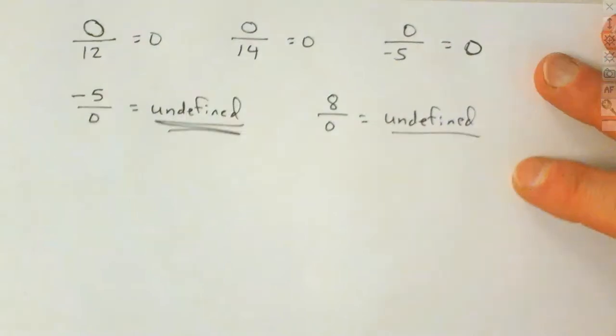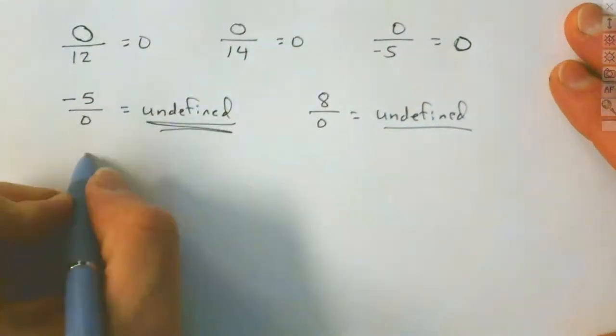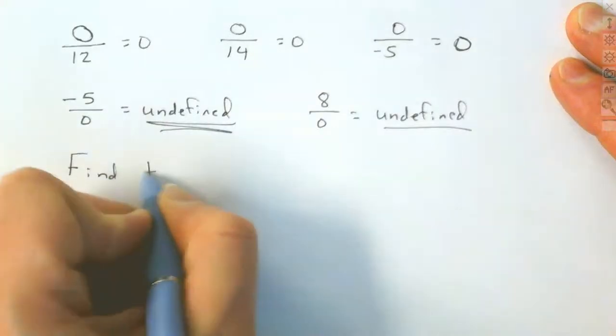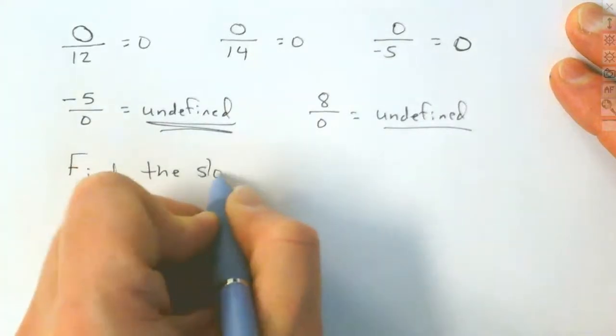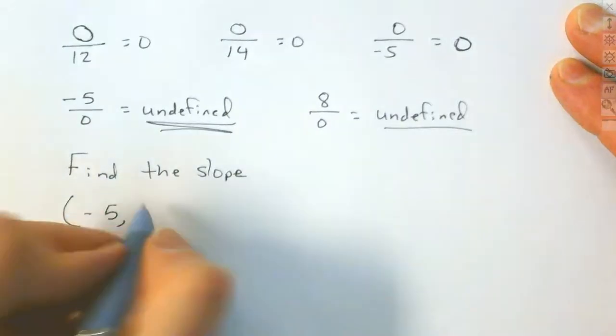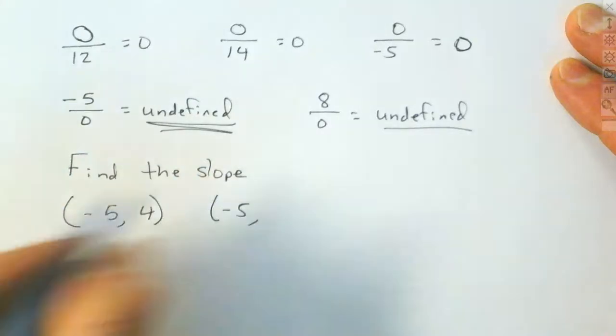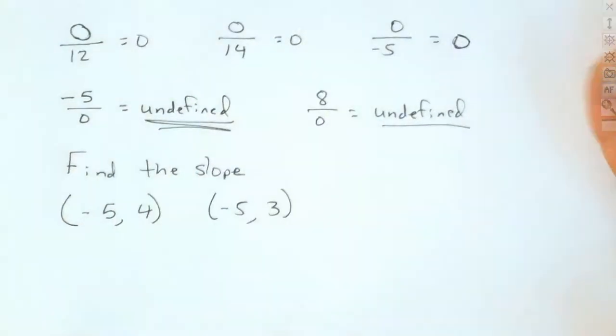So we're going to work out one of these, and we're going to see what happens. So again, we're going to find the slope. Minus 5, positive 4. Minus 5, 3. I want you to find the slope here. So we've got these 2 points.